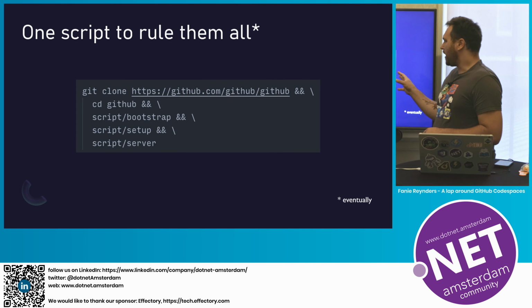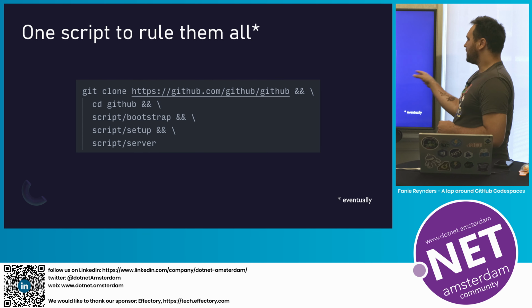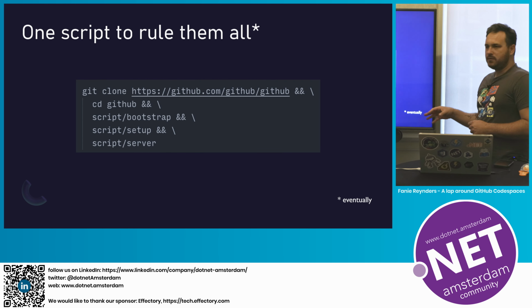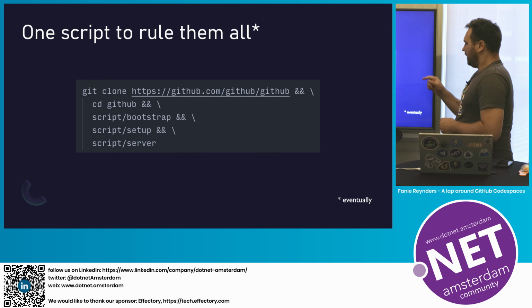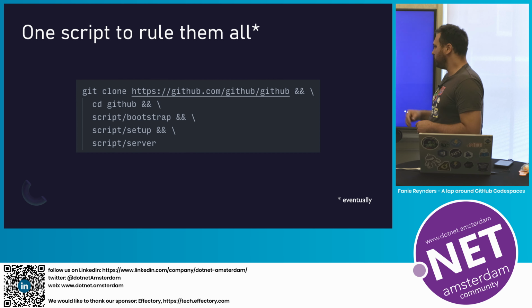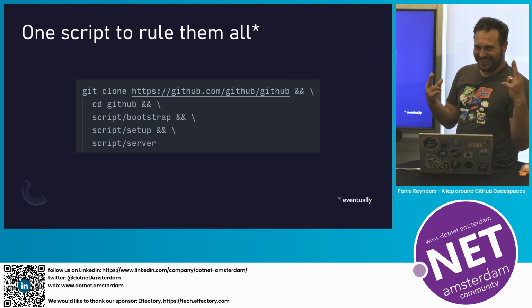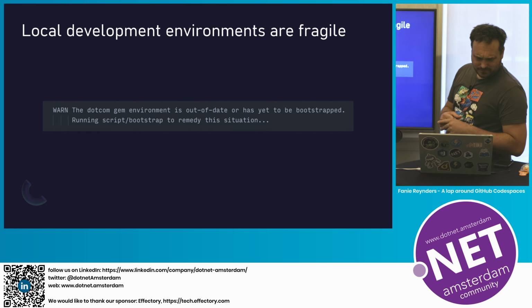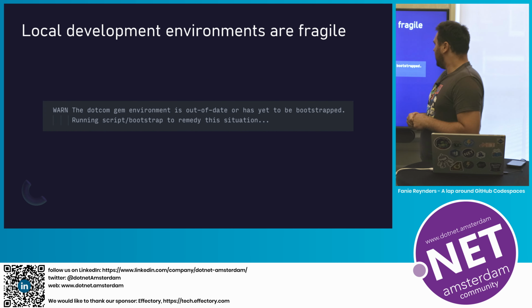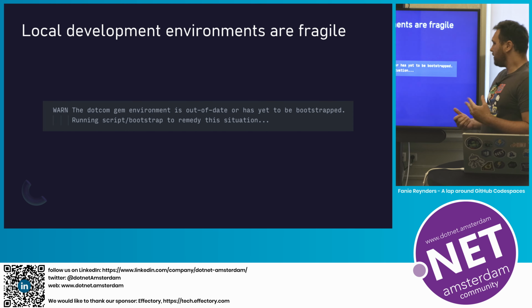So it all started with one script to rule them all in GitHub. This is actually to clone the whole github.com repo. Git clone, and then do script bootstrap, set up some stuff, set up the server, and hope for the best, right? And, like I mentioned before, local environments are kind of fragile.